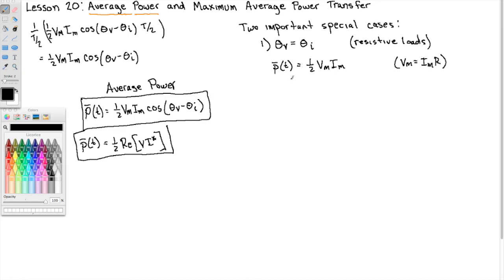So if I plug that in here, I get the average power absorbed by a resistor is 1/2 Im squared times R. The magnitude we've been writing in phasor form, we've just been calling that I, actually.